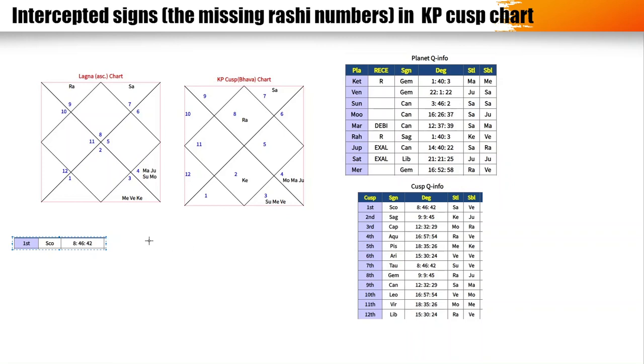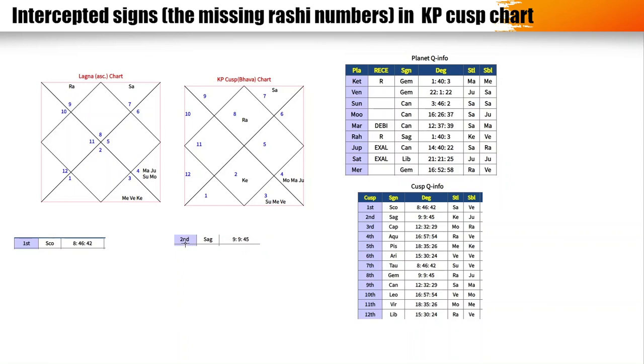Now the ascendant starts from Scorpio 8 degrees 46 minutes 42 seconds, and it ends at Sagittarius 9 degrees 9 minutes 45 seconds.